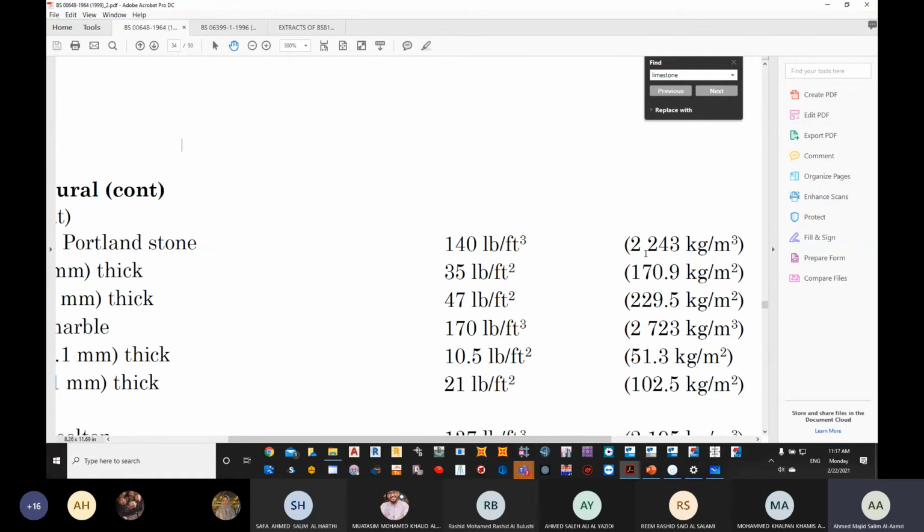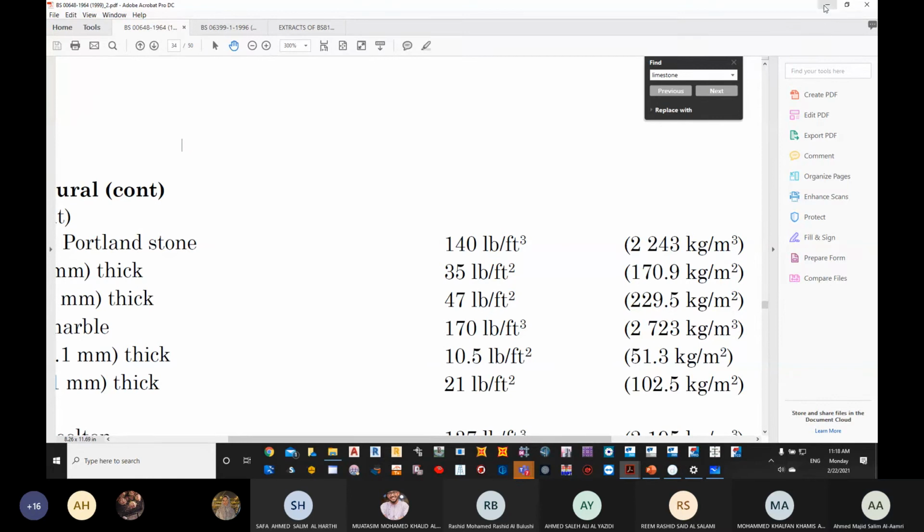To find the weight, we multiply by the thickness, which has been specified in the problem to be 20 mm. If you multiply it, you will get 44 point something, rounded to 45, and then from 45 kilogram per meter square to 0.45 kilonewton per meter square.